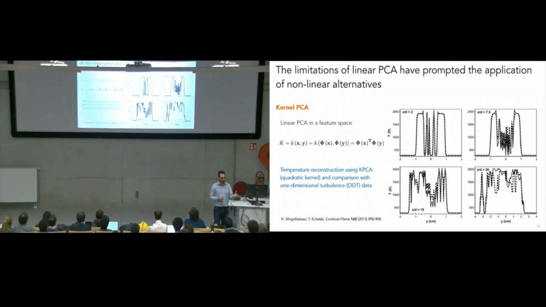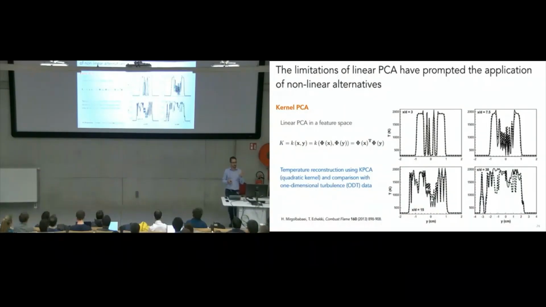So this has been used, but on very small data sets, and not DNS-like data sets, because of this problem of dimension. Here it was applied on a one-dimensional turbulence approach, the equivalent of the linear eddy model.